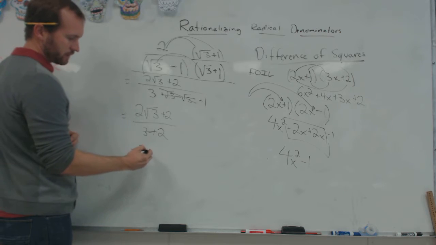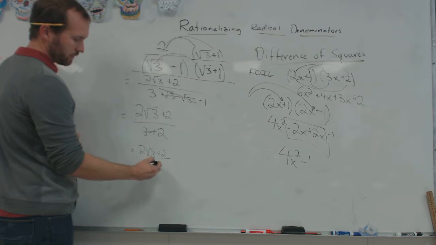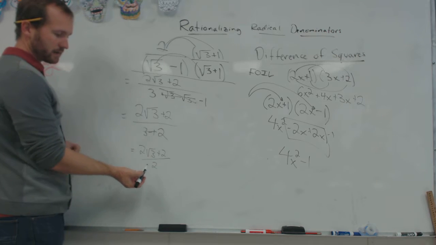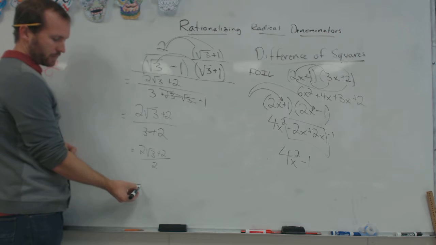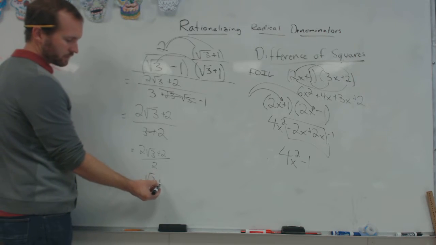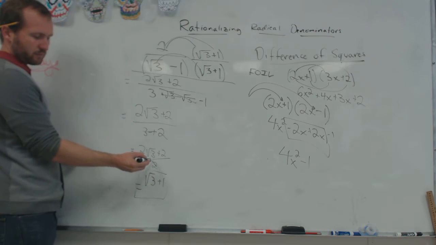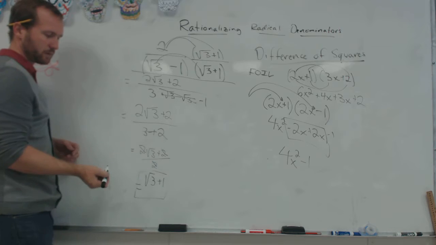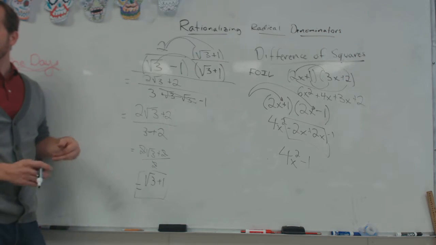My final answer, 2 square roots of 3 plus 2 over 2. And then actually I could cancel a 2 out of all of this, which is kind of an extra step. Square root of 3 plus 1. Because I cancel a 2 from here, a 2 from here, and a 2 from here. That won't always happen. You won't always get to cancel out at the end.